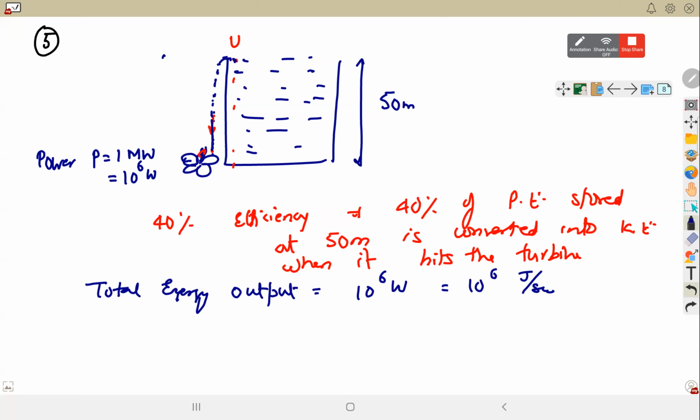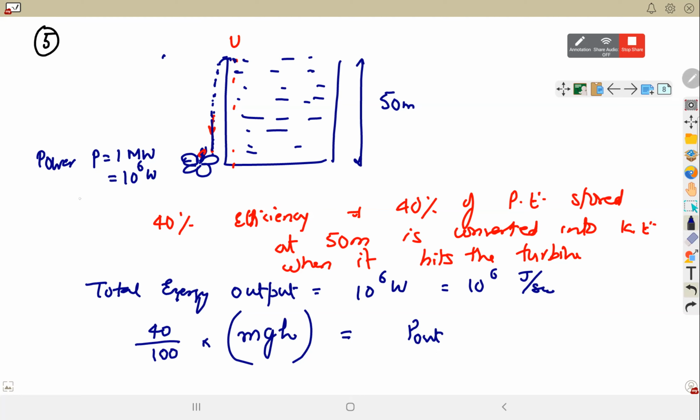Sir, why can't we just leave the answer in megawatts? No, because mega is not the exact standard unit. 40% of mgh converts into the output power. Input is mgh, where m is the mass falling per unit time, or in 1 second.